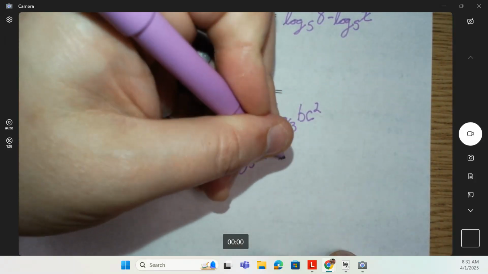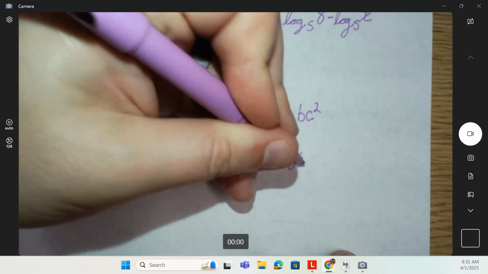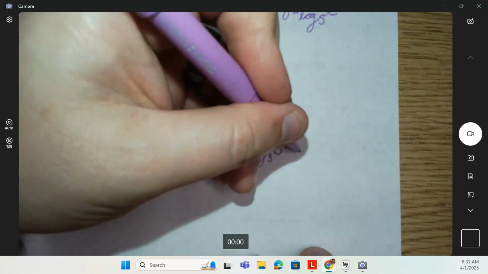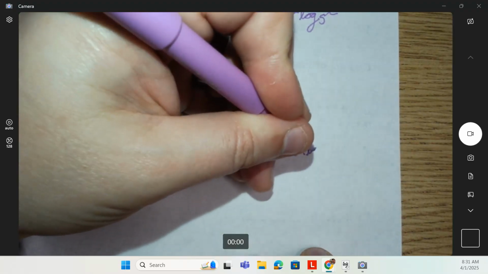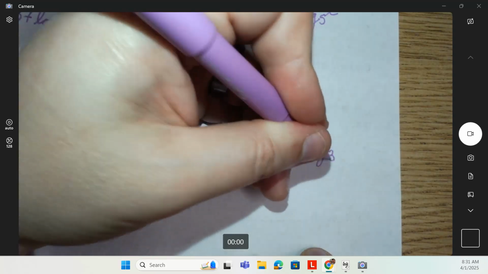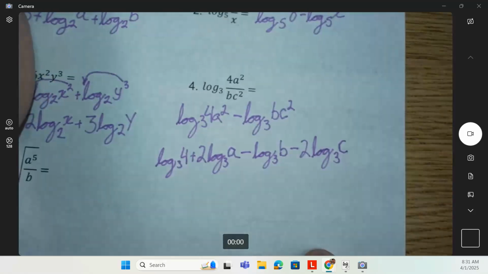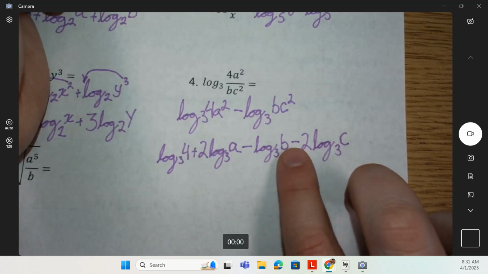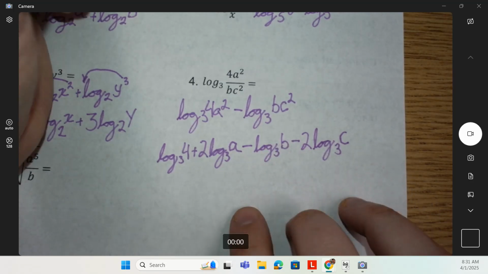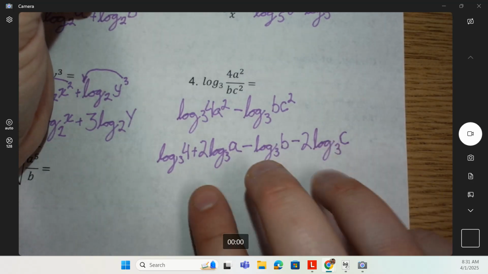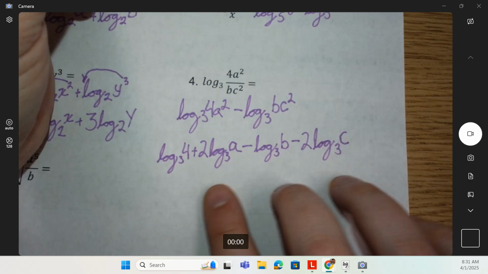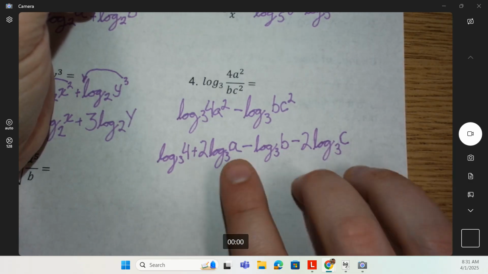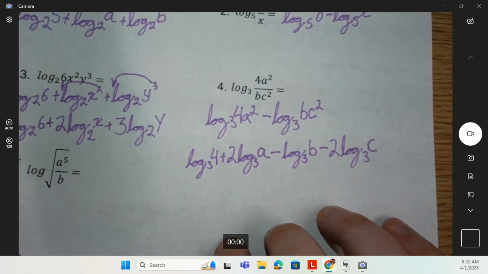So minus log 3 of b, and again minus 2 log 3 of c. Okay, and you could put these 2 in parentheses and have it as a plus sign there and a minus sign there. It would work the same way, but this way gets them to be fully independent of one another, so that you could just work on one section and not have to consider the others if you needed to.